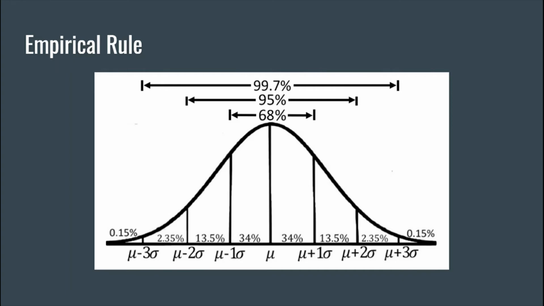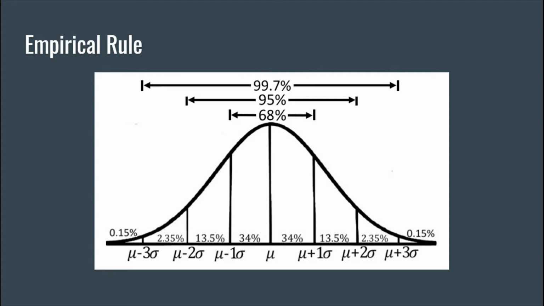After seeing all these patterns, they finally said, within one standard deviation, a lot of the data is there, 68%. Within 2 standard deviations, about 95%. And within 3 standard deviations, almost all, like 99.7%.